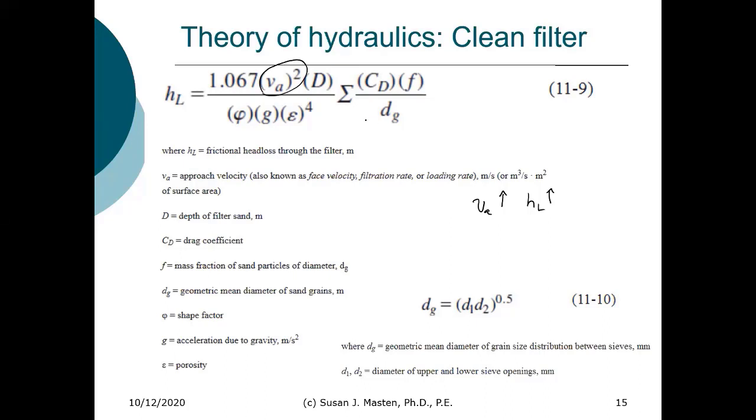As we increase the depth, we also increase head loss. As we increase the grain size of the media, the head loss decreases. So the bigger the media, the lower the head loss.